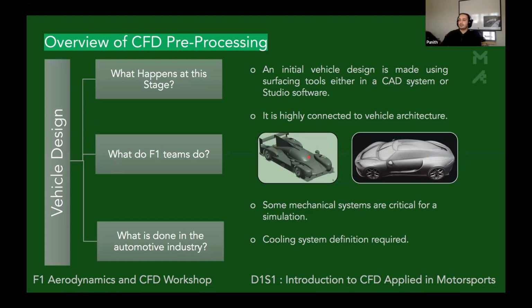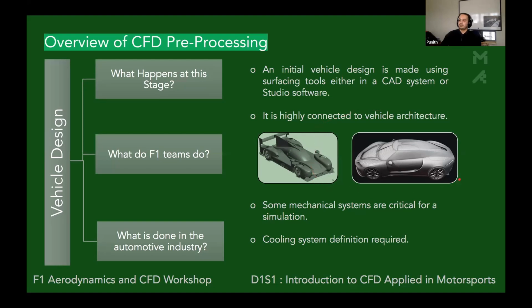Even in F1, when people start thinking of the next year's car, you start from the vehicle architecture. You start from where the powertrain is, where the cooling needs to go, how the car is laid out, the bare bones of what makes the car go around the track or even move. And from there, then you start doing the rest of it.